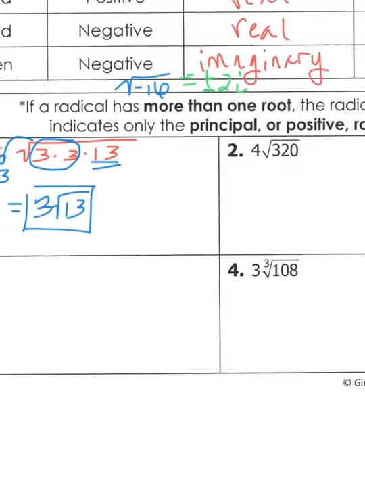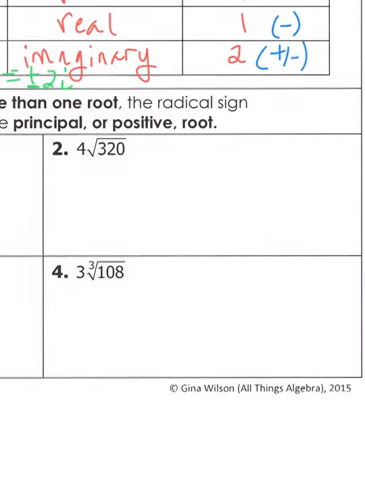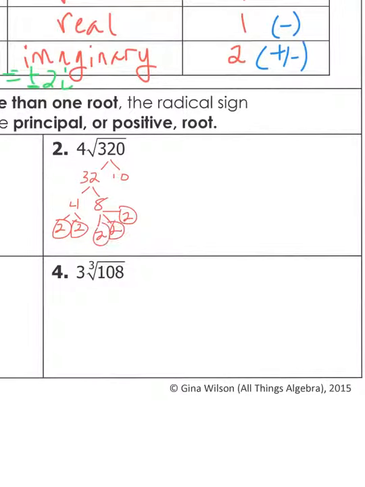Okay, so let's make these really big so I have plenty of room. All right, so this one has a number in front. We're still going to factor this. So 320 is 32 times 10, 4 times 8, 2 and 2, and 8, you will come to learn, has 3 2s, because we factor that a lot.